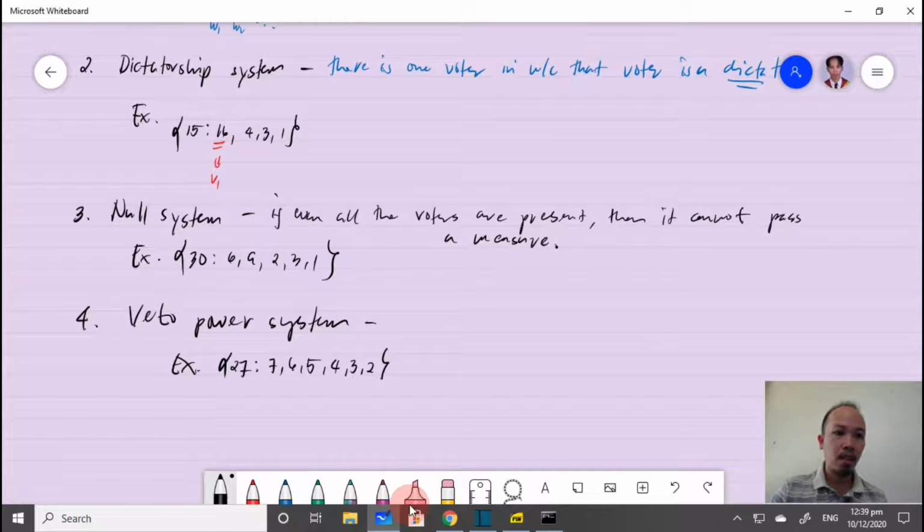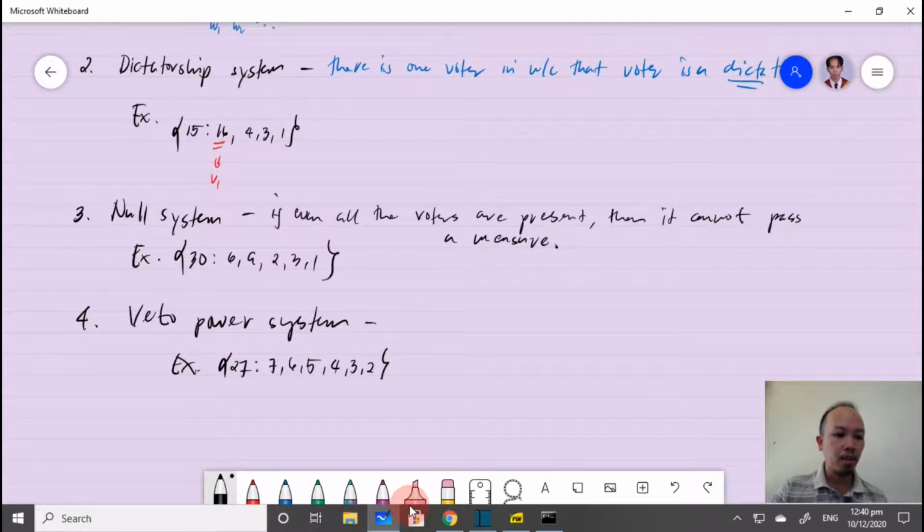And then if there is an absent voter, if there is a voter here that will not vote, then we cannot pass a measure. That's what we mean by this veto power system, meaning to say each voter has a veto power.